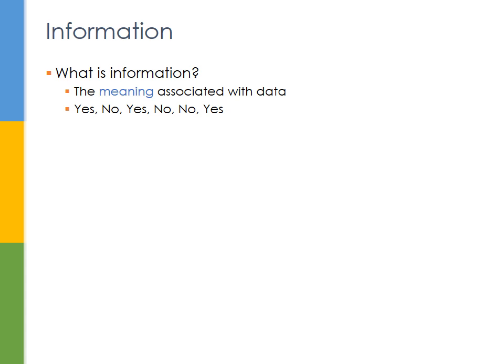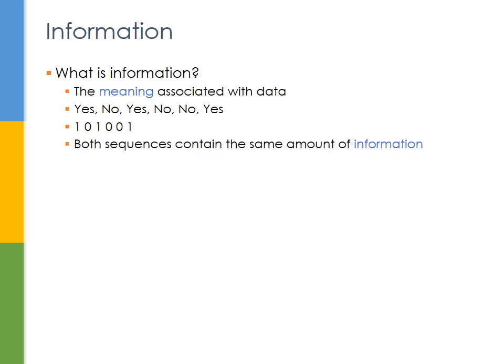Another representation that we can use is an encoding where we use 1 values to represent yes responses and 0 values to represent no responses. Now, in terms of these two sequences, we can see that while they use different representations, they in fact contain exactly the same amount of information because both of them have exactly the same meaning associated. So data compression then attempts to maximize the amount of information that we can represent per bit.